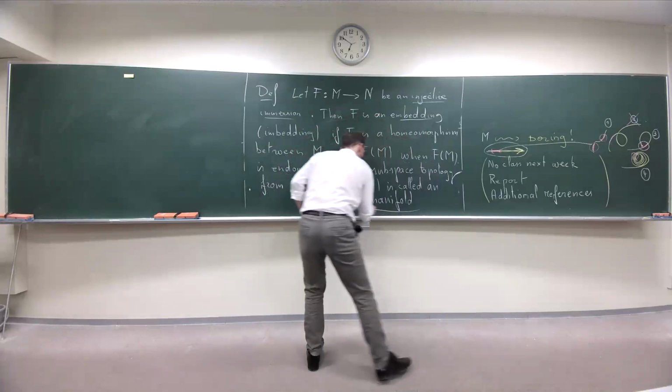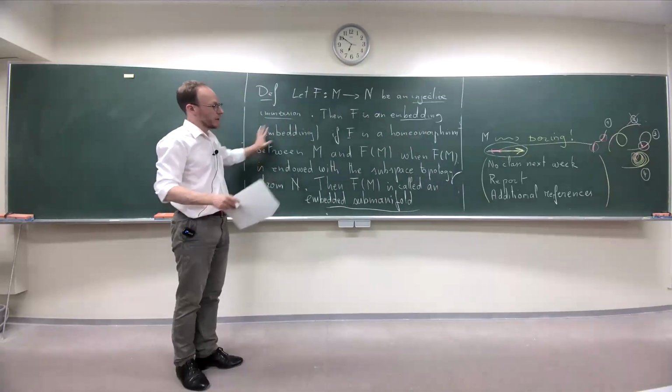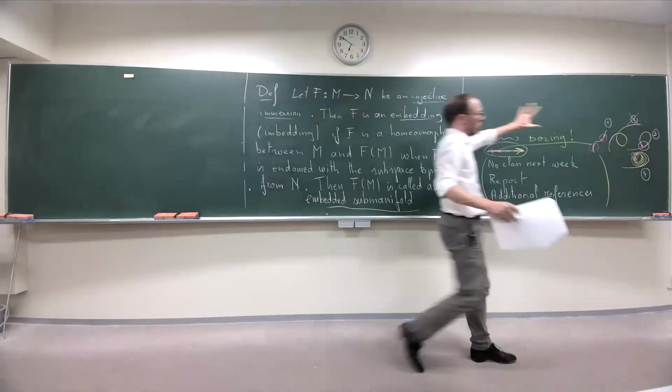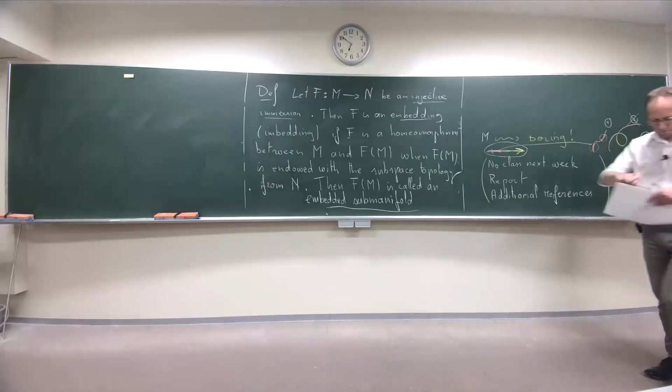So the way you should think about it is we put our initial manifold M into N, probably something bigger, but we take care that we don't have this kind of problem. So the subspace topology on the curve or on the image is quite similar to the initial topology.